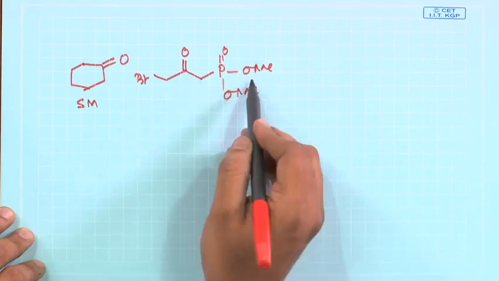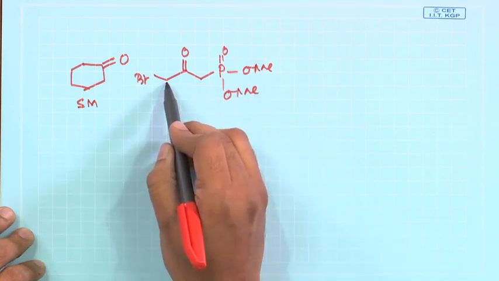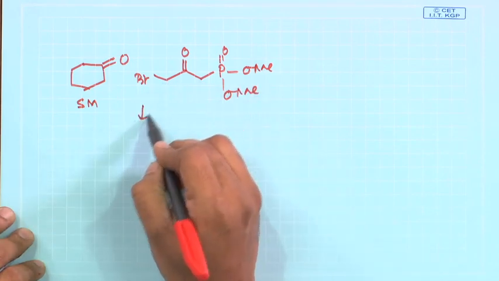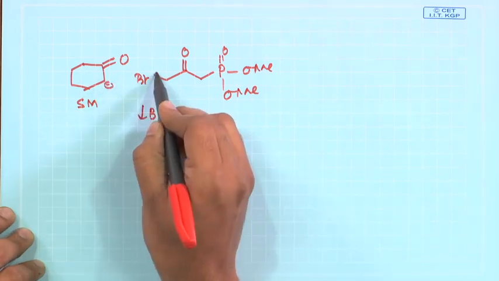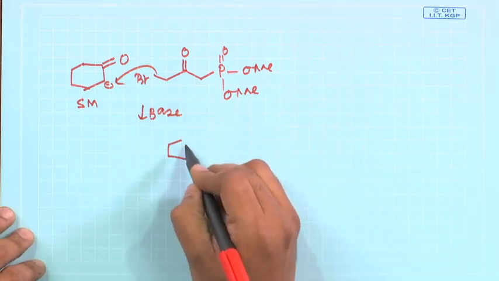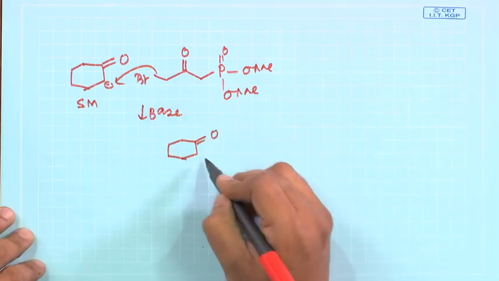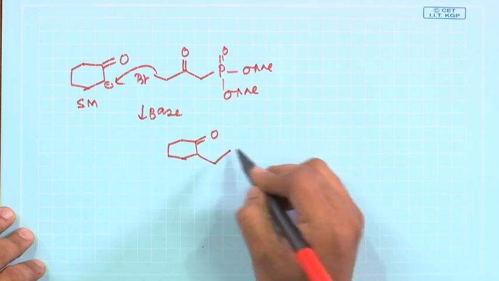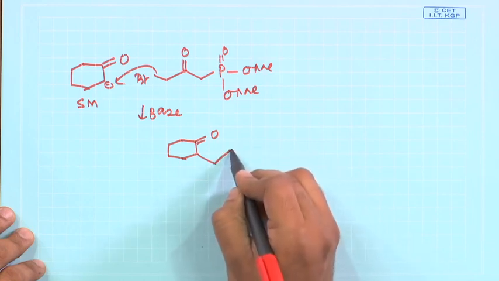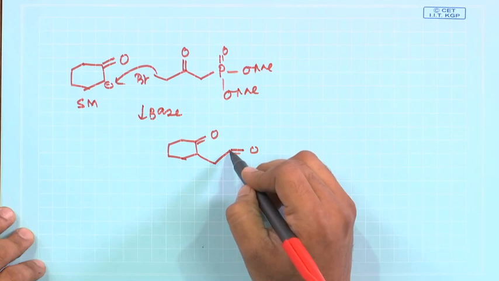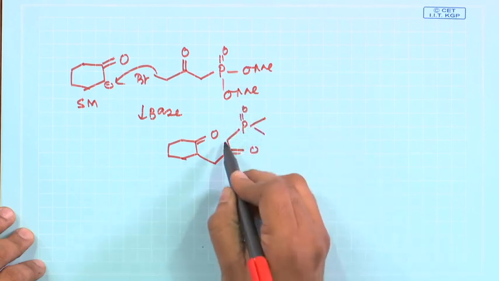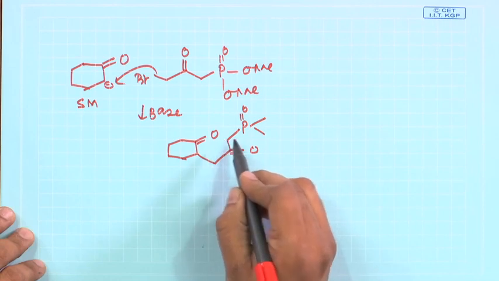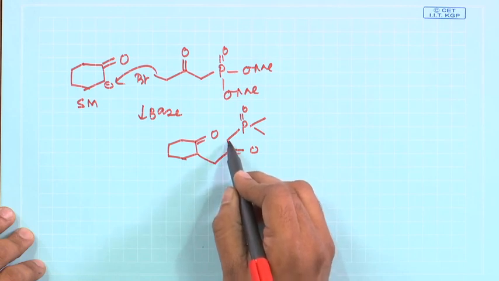Now, this phosphonate has two parts, one part is the bromo part. So, first treat with base, the minus comes here and will give you a CH2 these things, and then your ketone is there, and then you have this P double bond to OMe. Now, this methylene hydrogen is much more acidic, being adjacent to the ketone as well as the phosphonate.